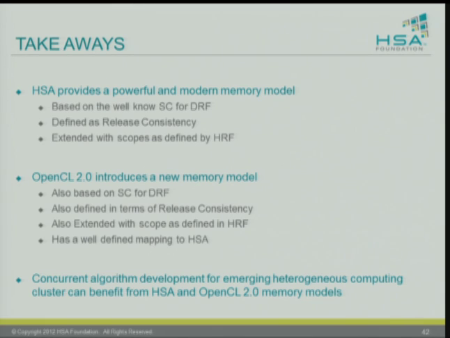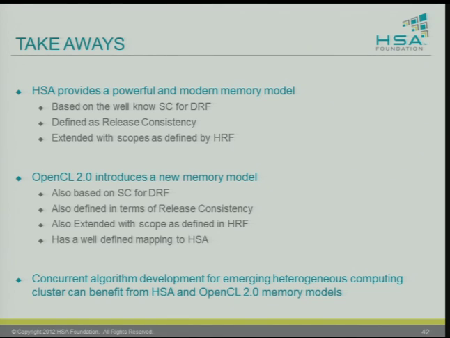So this is my last slide. Hopefully, the takeaways, if you take away anything, are that HSA provides a powerful modern memory model. We've designed it with C++ and Java in mind, but we've also thought about what the emerging hardware for these things is. I showed you Qualcomm's cluster, but I'm sure other people will have similar things too.